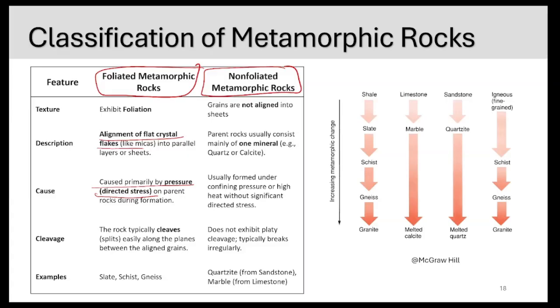And this foliated metamorphic rock is very common at plate boundaries. Examples: slate, gneiss, schist, etc.